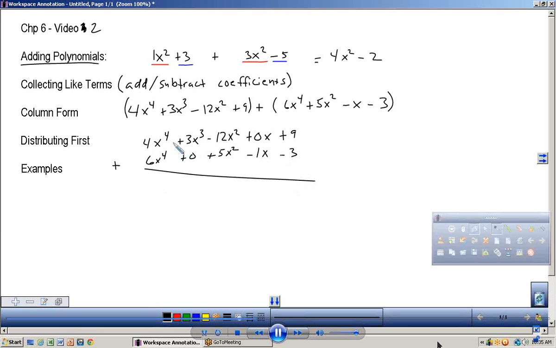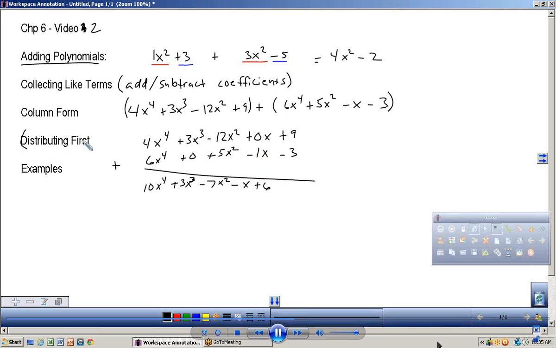And then all you do is you add these. 4 and 6 is 10, and you leave the exponent and the variable alone. These two is plus 3x cubed. And with the squared, this one is minus 12 plus 5, which is going to be negative 7x squared. You have 0 minus 1, so it becomes minus x. And then plus 9 minus 3 is plus 6. So that's how you would do it in column form.